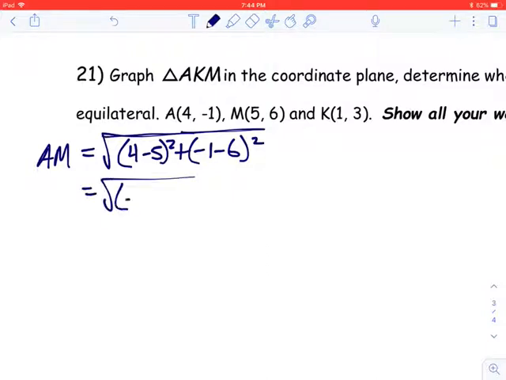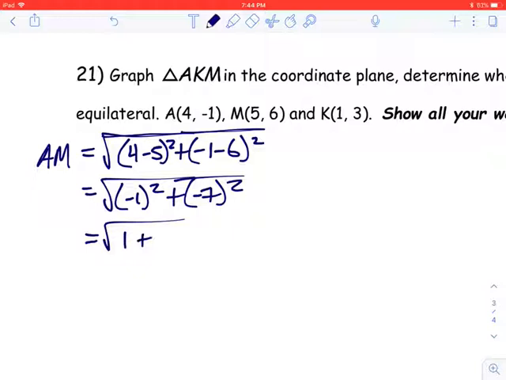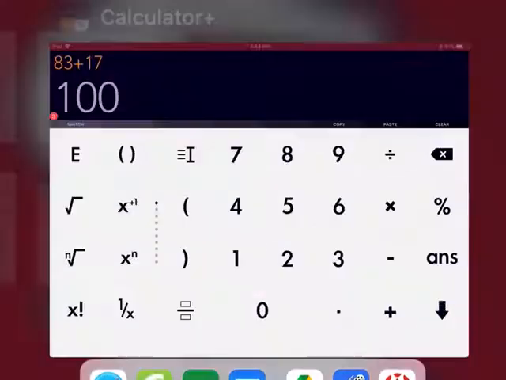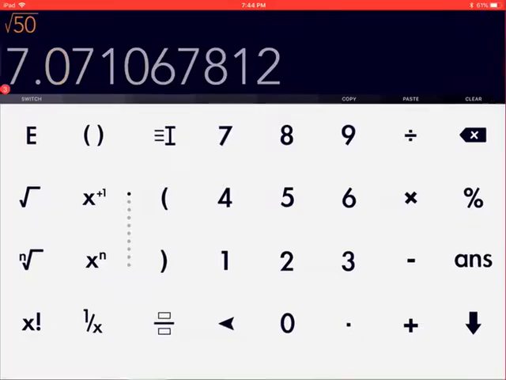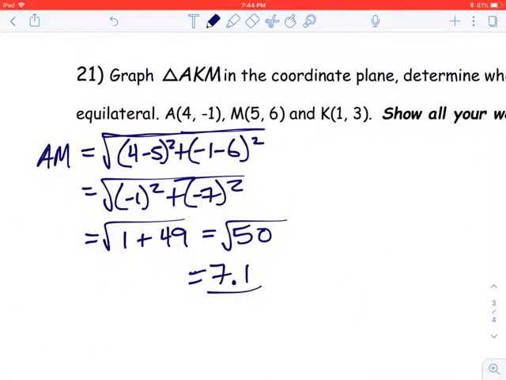So that's negative 1 squared, that's negative 7 squared. And so I end up with 1 squared is 1, plus 7 squared is 49. Again, a negative squared becomes positive, so you don't have to worry about signs there. And that's square root of 50. So we get 7 point probably 1, but I'm going to double check anyway. So square root of 50, 7.1, round to the nearest tenth.